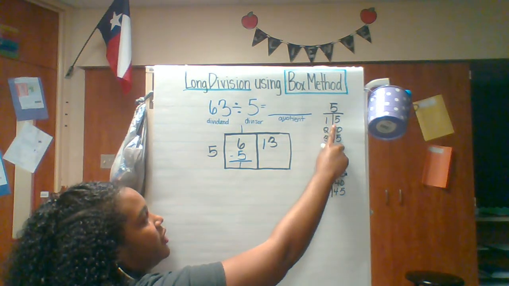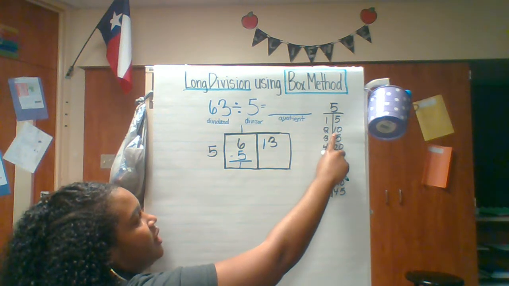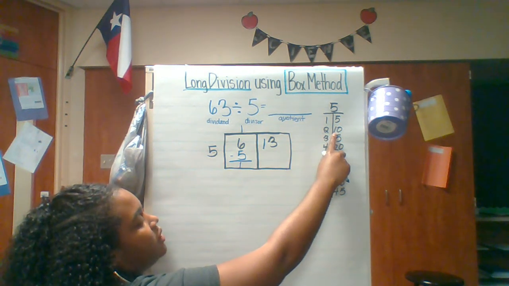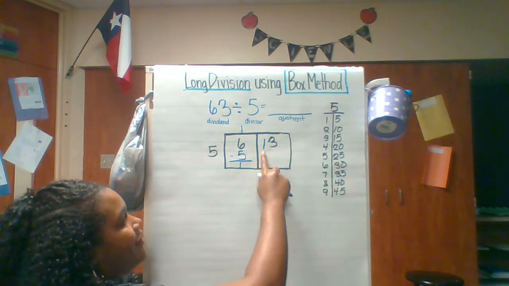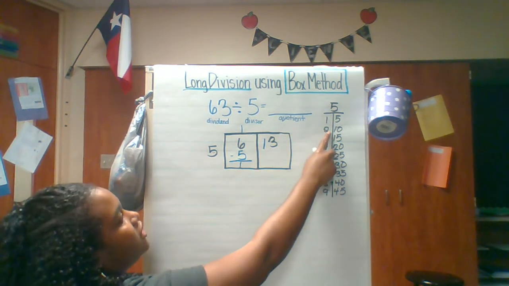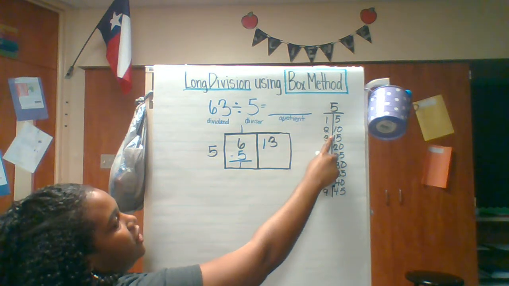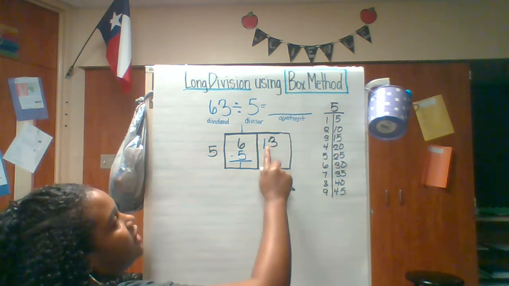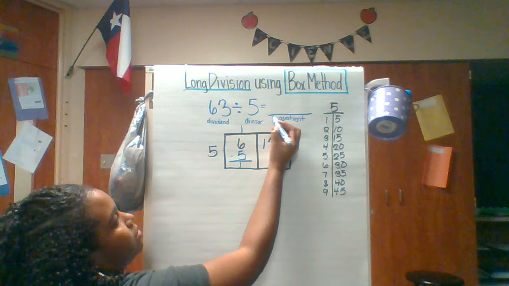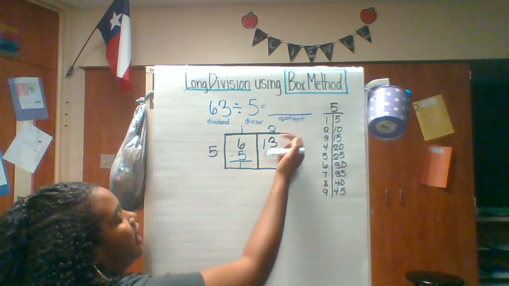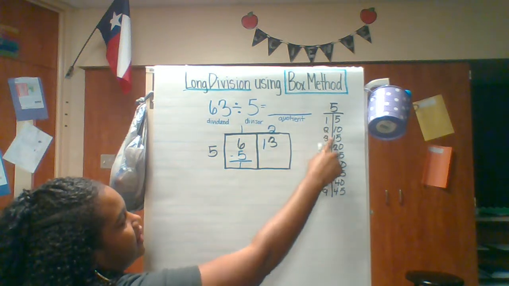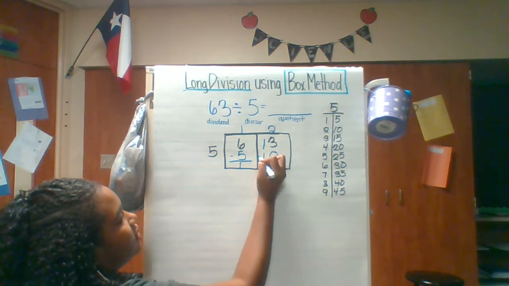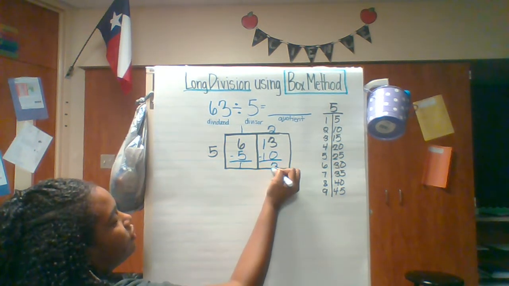Well, it can keep going. It can go more than 1 group. It can go more than 2 groups. We have 3 groups. Well, I see that I don't have enough, 15 won't go into 13, so I'm going to go back to my 2. So I know that 13 can go into 5 groups twice. And so I'll do 2 times 5, which gives me 10. 13 minus 10 gives me 3.